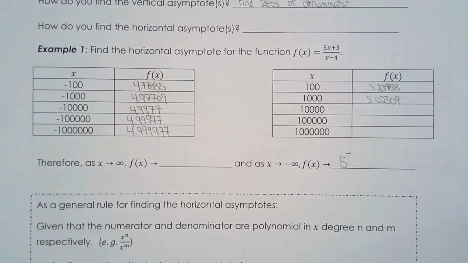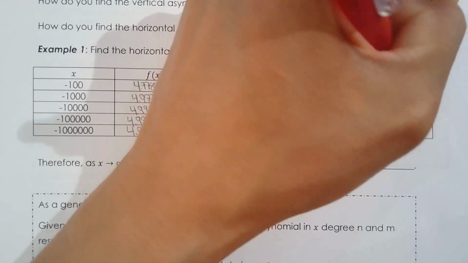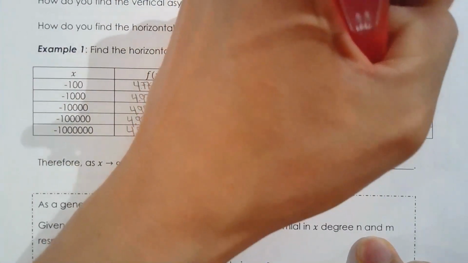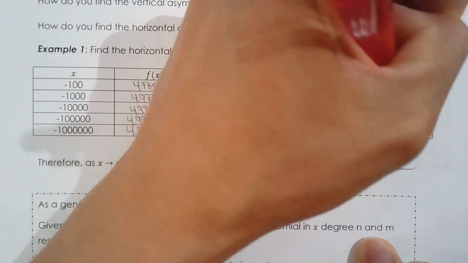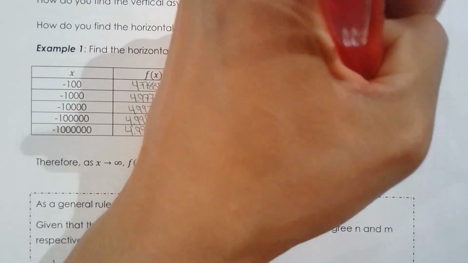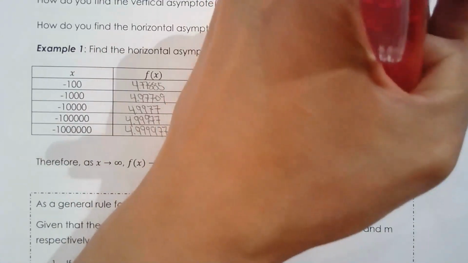If it's 10,000, 5.00230. If it's 100,000, 5.00023. If it's 1 million, 5.00023.